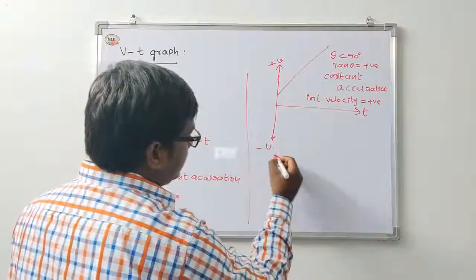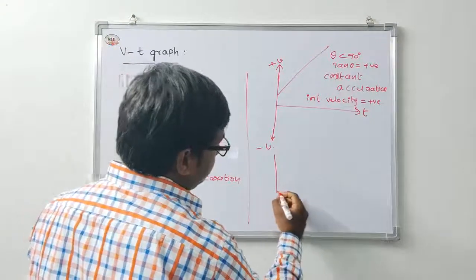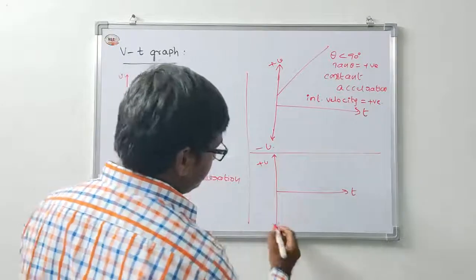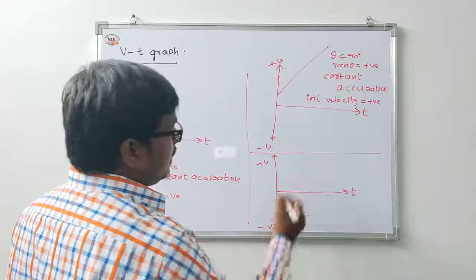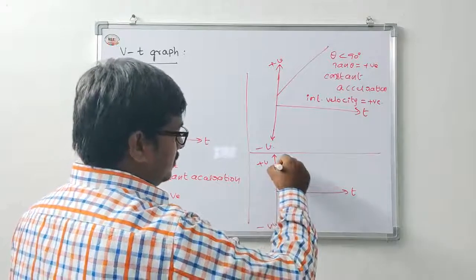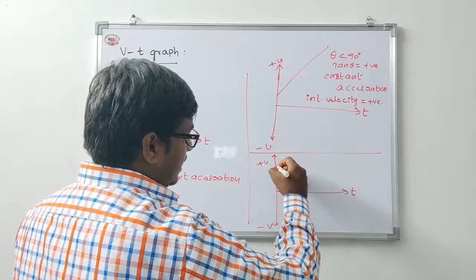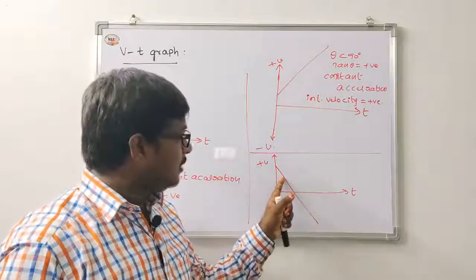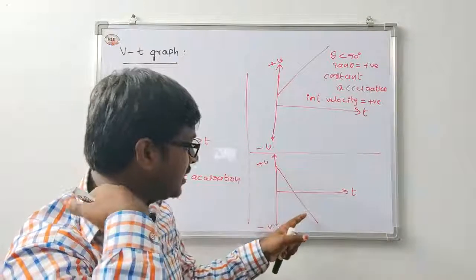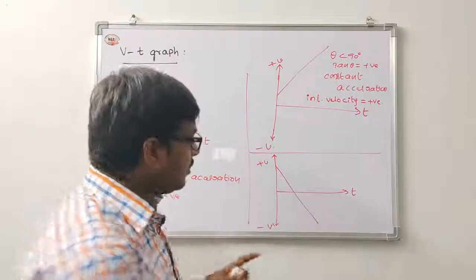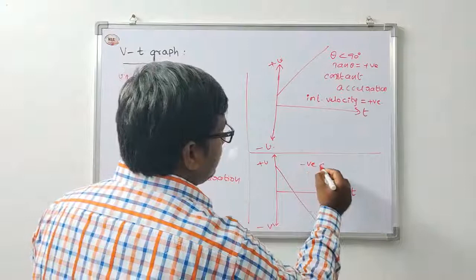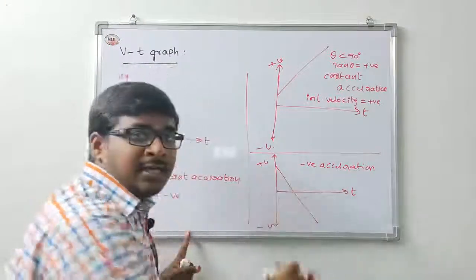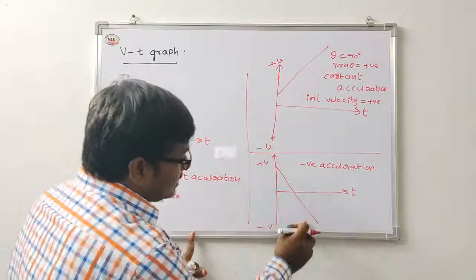The next condition: the particle is acting in this way with constant negative acceleration. Negative acceleration means the velocity is decreasing, a decreasing curve.